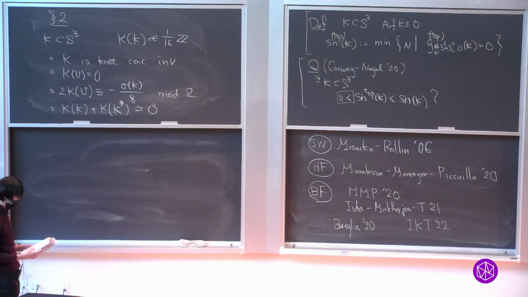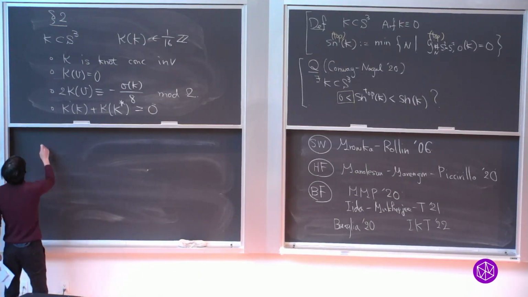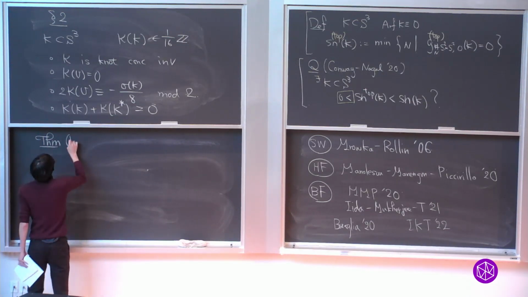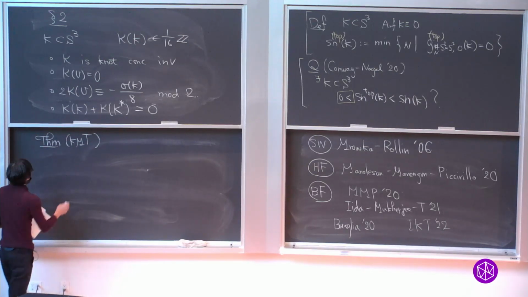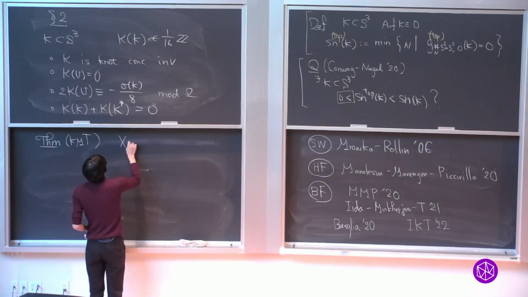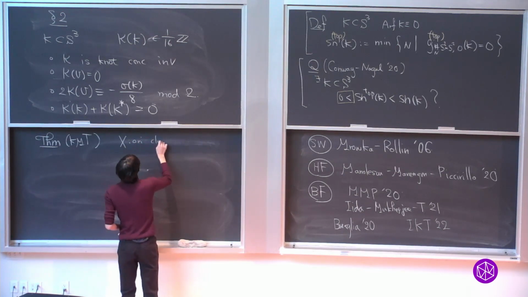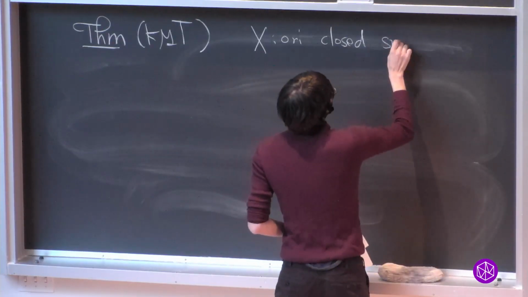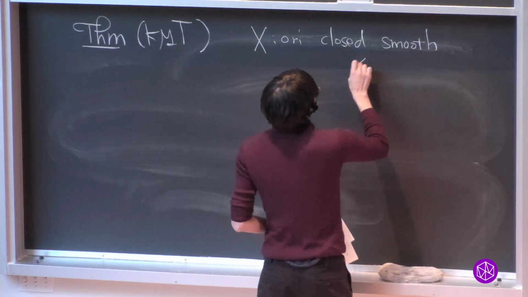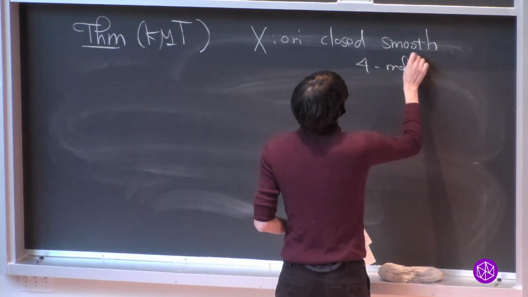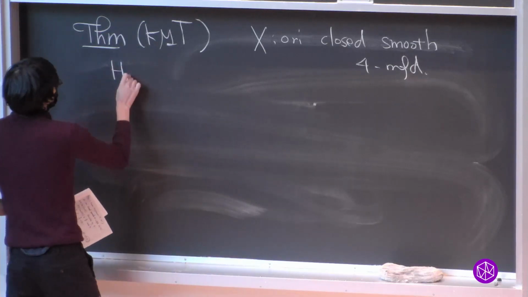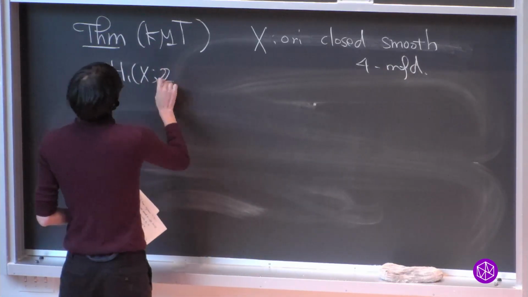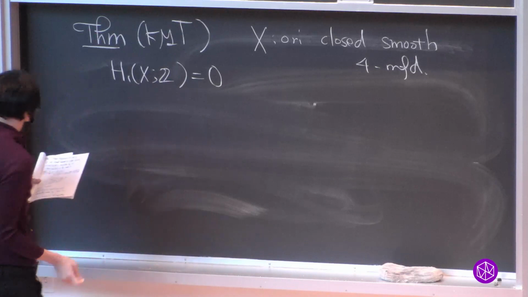Yeah, so by using this invariant, let me write down the main theorem today. The 10 over 8 inequality. Let, again, X be an oriented, closed, smooth four-manifold satisfying that the integral first homology of X is equal to 0.